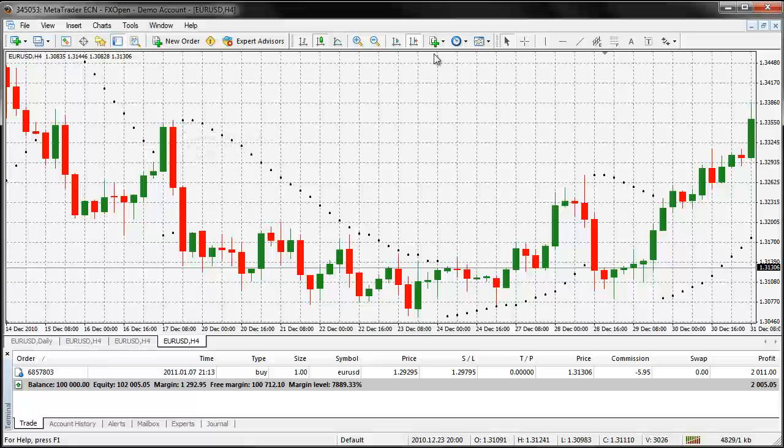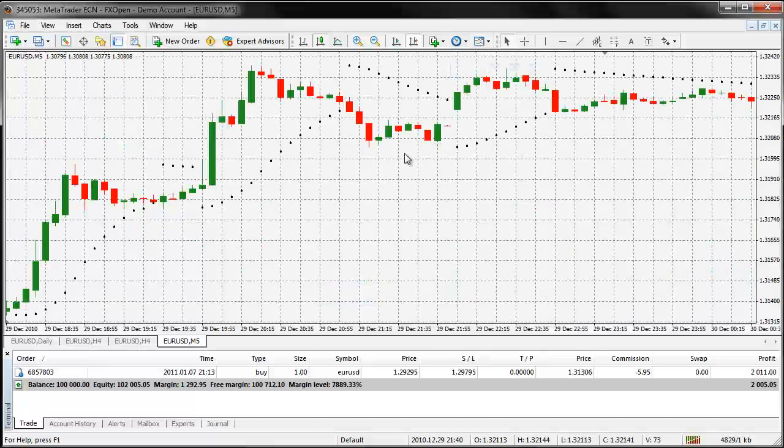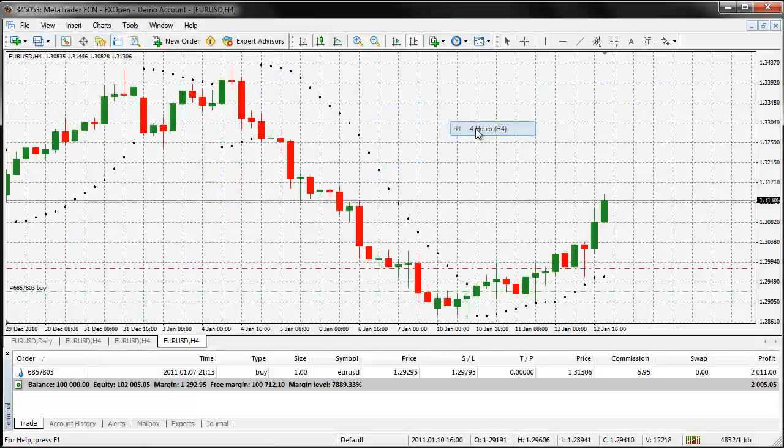This happens all the time on a smaller time frame like a 5 minute. You get lots of them, and it's really hard to work out when to go long and when to go short. So for this indicator, we really need to use it on larger time frames.